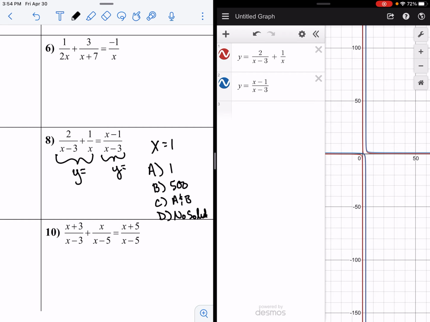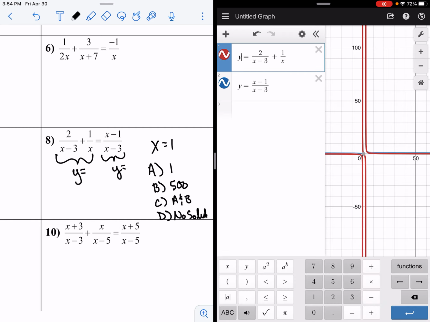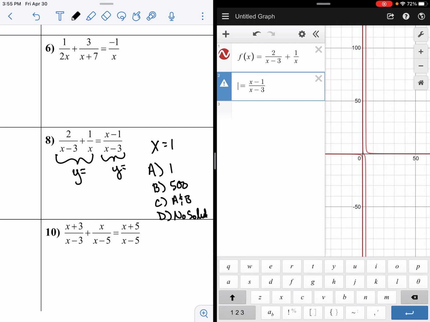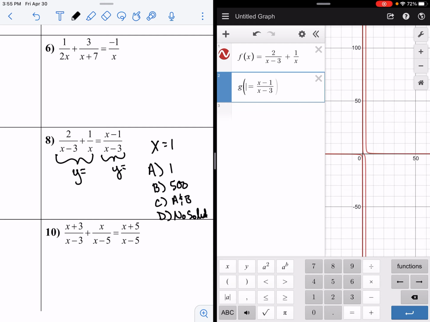Well, instead of using y equals, you just give each y equals a specific name. So I would call it f of x, and I'd call the other one g of x. It doesn't matter the name, as long as the names of the functions are different.